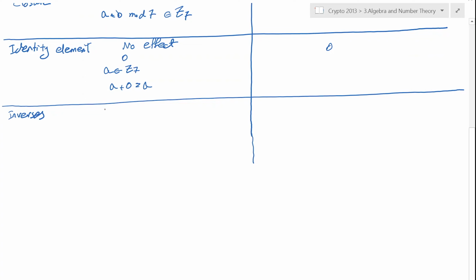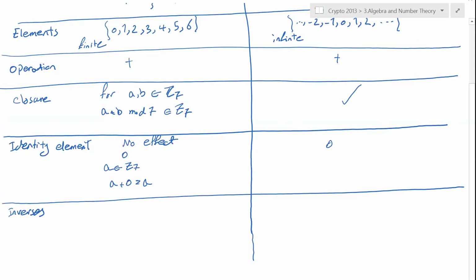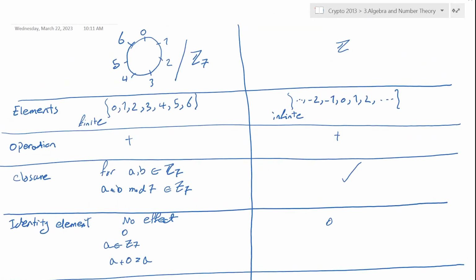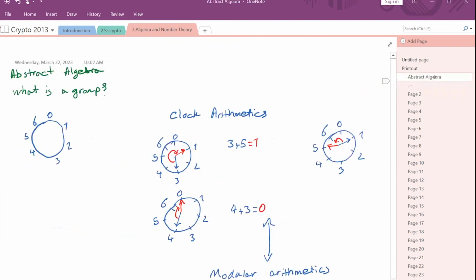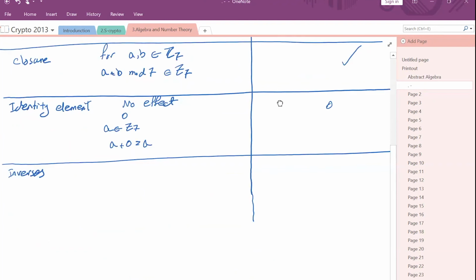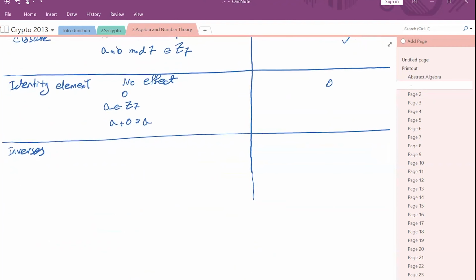In the clock arithmetic in the previous page, we discussed an example that when you're at 3 or 4 o'clock, you add 3 more, you end up at 0, which was our identity element. So 3 and 4 are inverses of each other, right? So we say that 3 plus 4 becomes 0 mod 7, right?